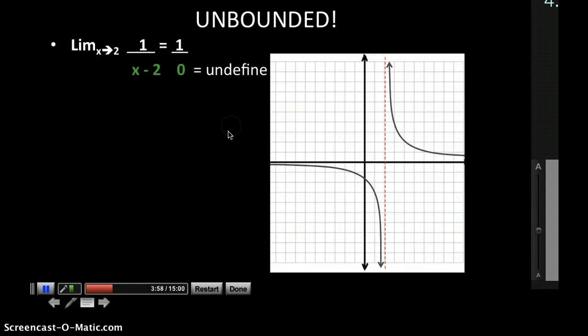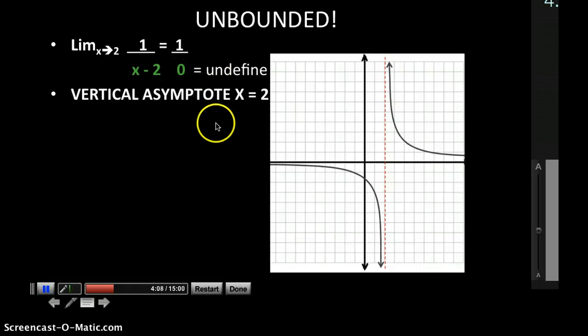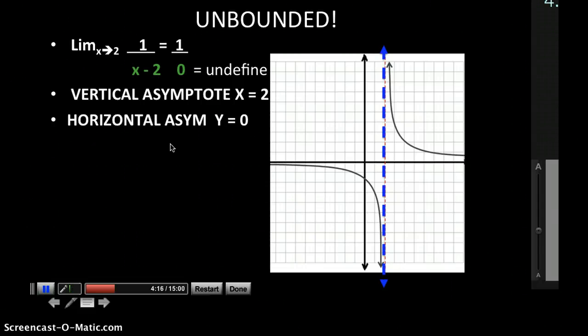Here's another graph. It's basically the same thing, except we emphasize here the number 2. If you plug 2 in here, you get a 0 in the denominator, which means undefined, which means the vertical asymptote is at x equals 2. You can see that in the drawing. There it is, x equals 2. And the horizontal asymptote is still y equals 0. So again, as we approach, in this case, positive 2, from the left side, we follow this path right here.